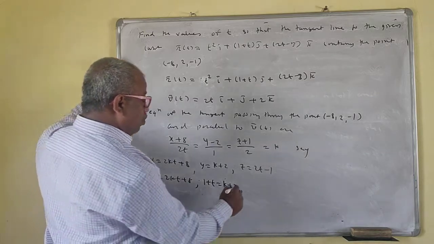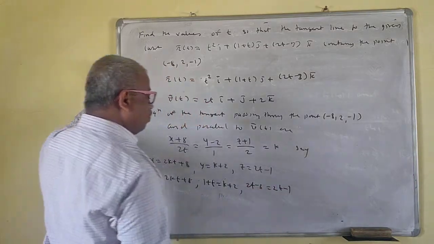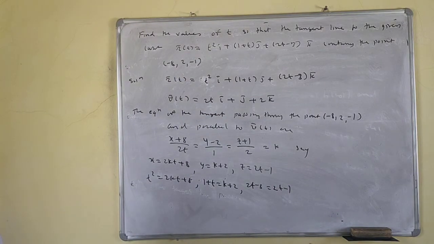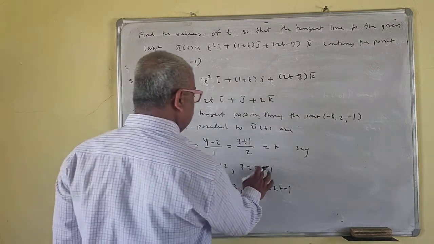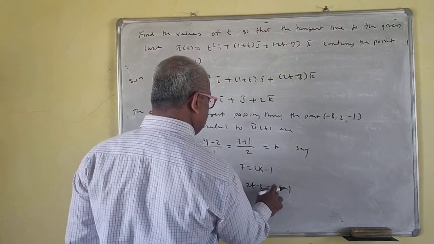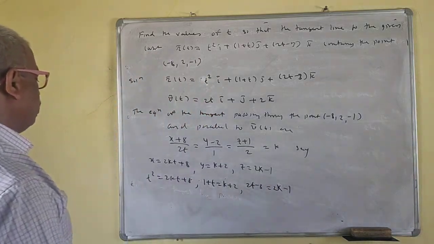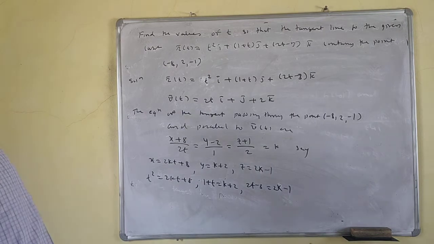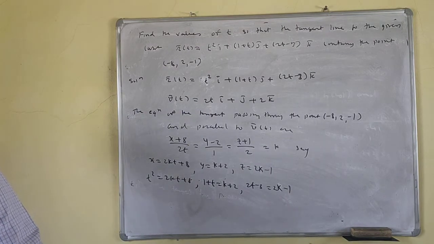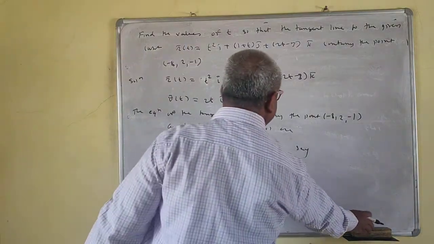And your z is equal to 2t minus 3 is equal to 2k minus 1. Okay, so we solve this and we'll find the values.